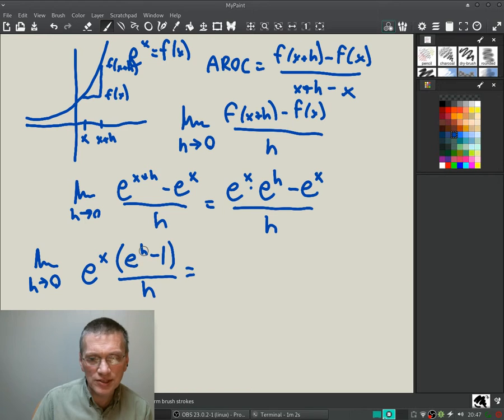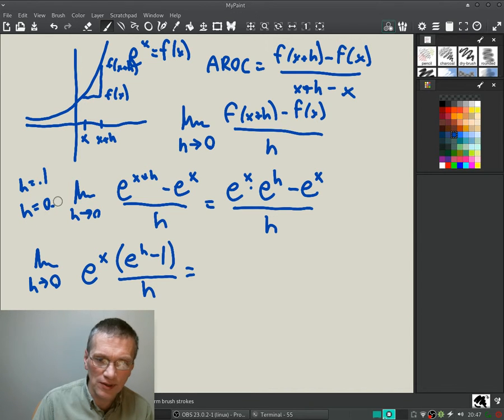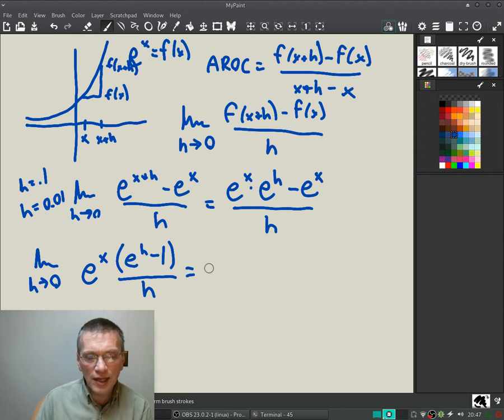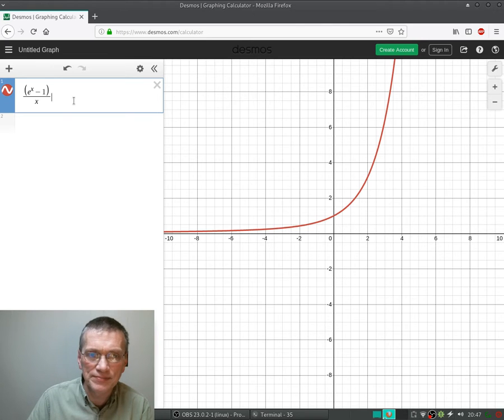You can do that a couple ways. You can try values of h. I would try h equals 0.1, and try smaller and smaller values of h, and you'll see that you will get a value that's closer and closer to 1. We can do that graphically using your graphing calculator, or we can jump over to desmos.com, and here I typed it in. Instead of using x, I used h.